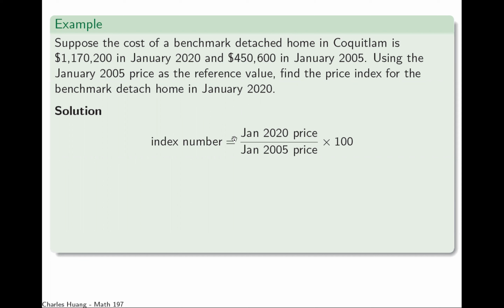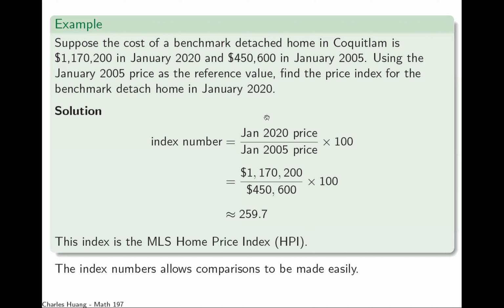And we simply follow the formula. We take our new value, divide it by the original value, and then we multiply by 100, just like we would if we were trying to find the percentage. Here, when I divide, I get 2.597. I multiply by 100, I get 259.7.